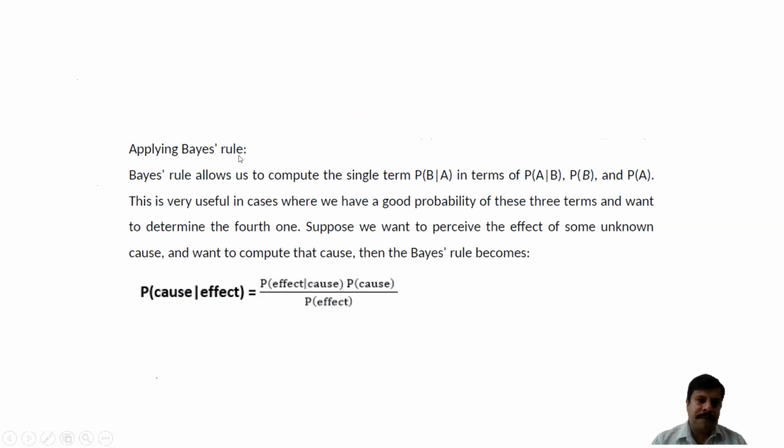And how to apply Bayes rule? This Bayes rule allows us to compute the single term P of B by A in terms of P of A by B, P of B and P of A. So in our convenient case, we can write it as P of cause by effect is equal to P of effect by cause into P of cause divided by P of effect.